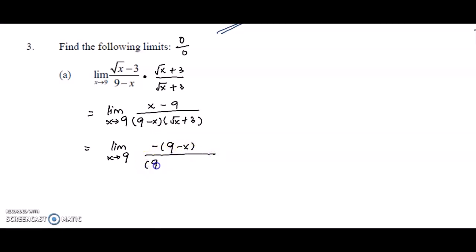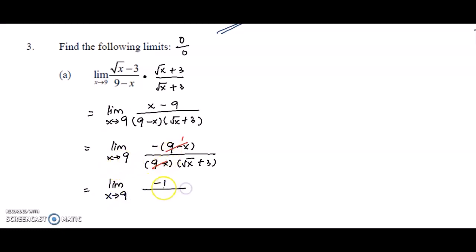So now you can see that you have a 9 minus x at the numerator, and the denominator also has 9 minus x. So you can now just cancel this off and you have a negative 1 on top. If you want to rewrite them to make it clearer, you can do so. Or you can directly substitute the 9 inside.